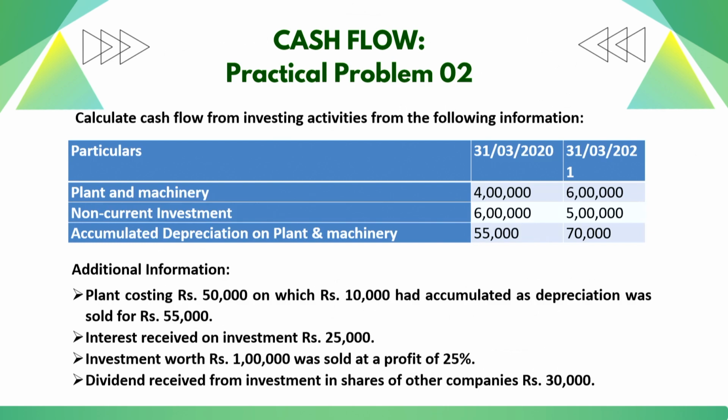Moving further to numerical number 2, in this question also, we are going to calculate the cash from investing activities, as again we are given additional information. So, we will prepare the working notes accordingly, starting with working note number 1.